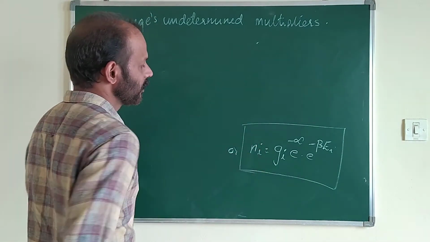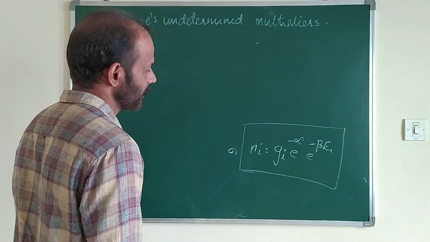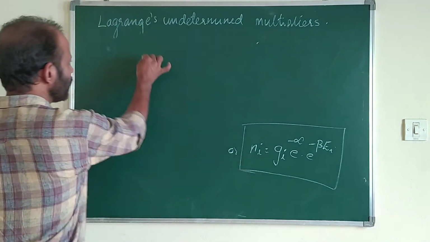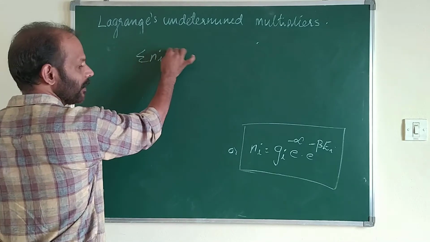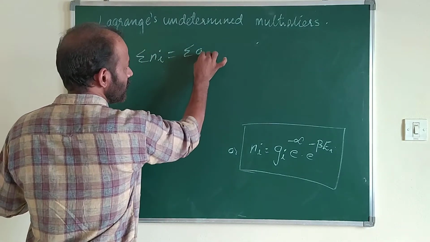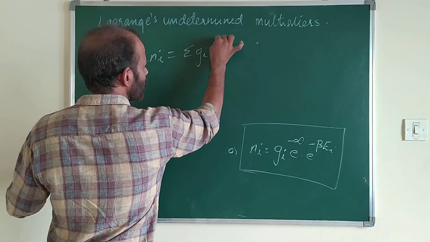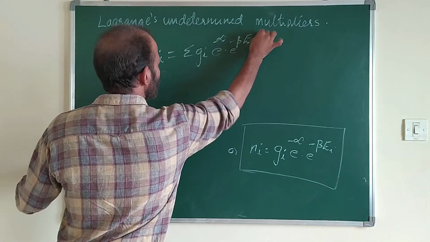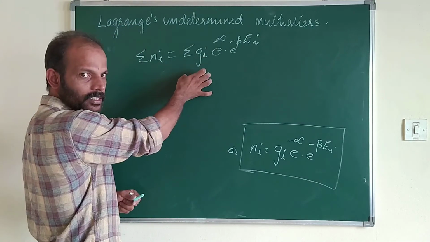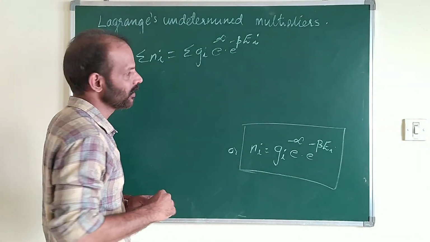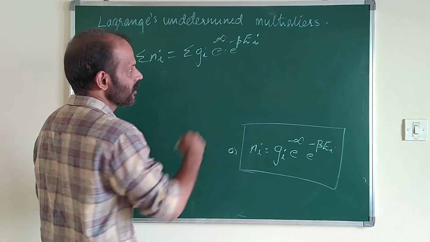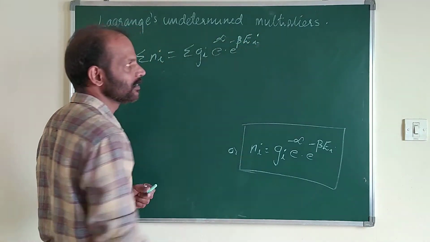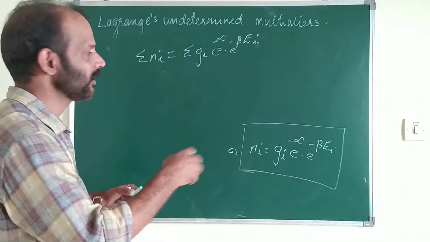Then from this we can write the sum over all levels, that is sigma Ni becomes sigma Gi into e raised to minus alpha into e raised to minus beta Ei. Among these, Gi is a constant, alpha is another constant, so beta is also a constant. So we can sum over only Ei, the energy, over all levels.